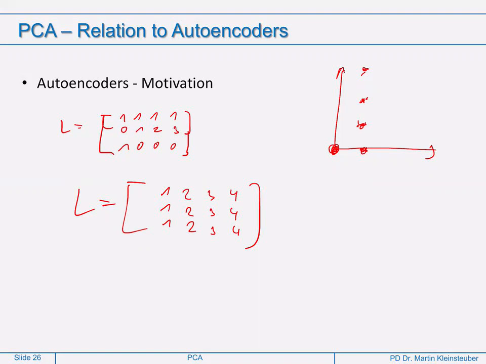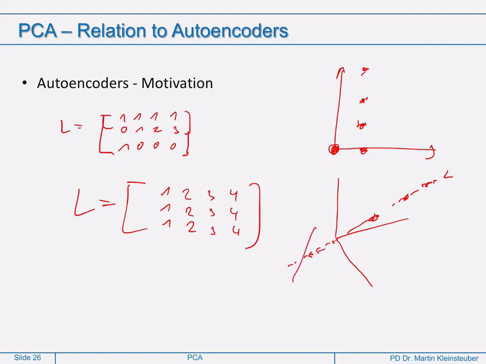And is that example something that helps you? Because all data points now, if you are in R3, lie in this one-dimensional subspace where you have (1,1,1), (2,2,2), (3,3,3), and so on. And this L would be one-dimensional because it has rank 1.